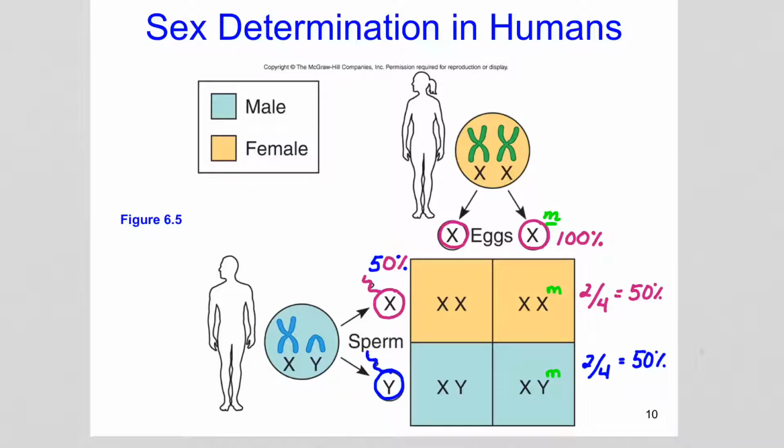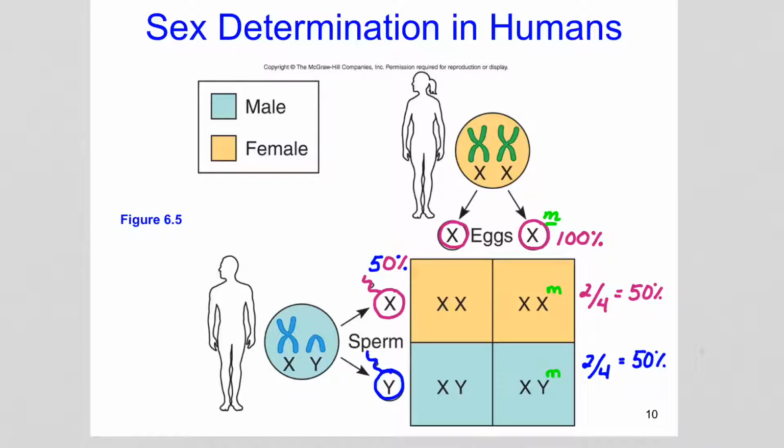So there's a 50% chance that either her son or her daughter will inherit that mutation. So the X-linked traits are always passed on this X chromosome from a mother to son, or from either parent to a daughter.